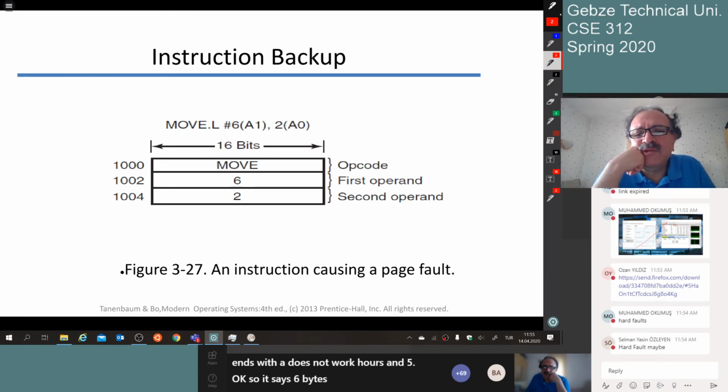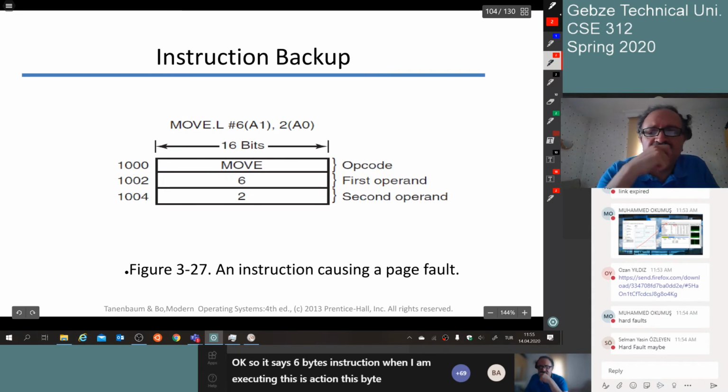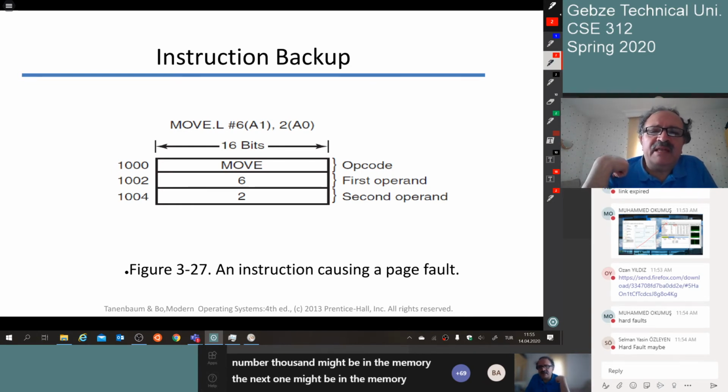When I am executing this instruction, byte number 1000 might be in the memory. The next one might be in the memory. Byte number 1002 may not be in the memory, or byte number 1004 may not be in the memory. So there are many cases where the page fault can happen.